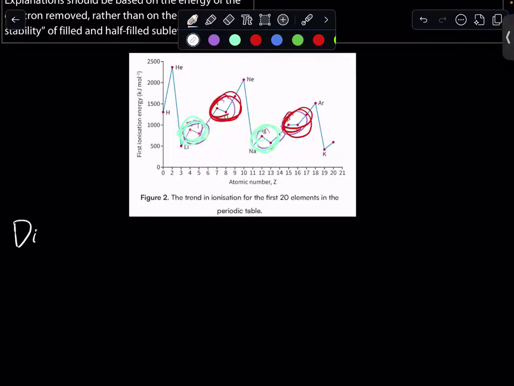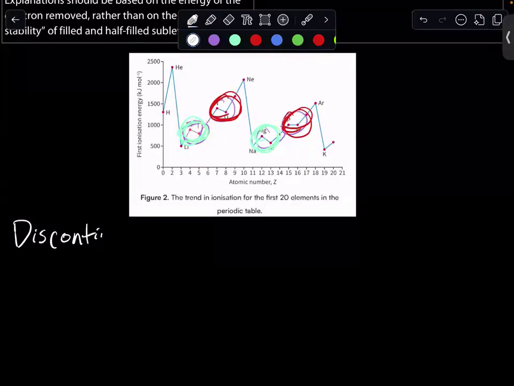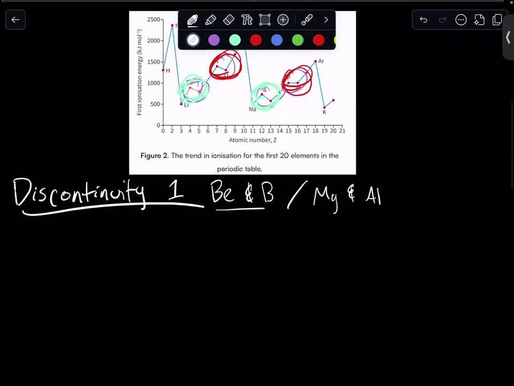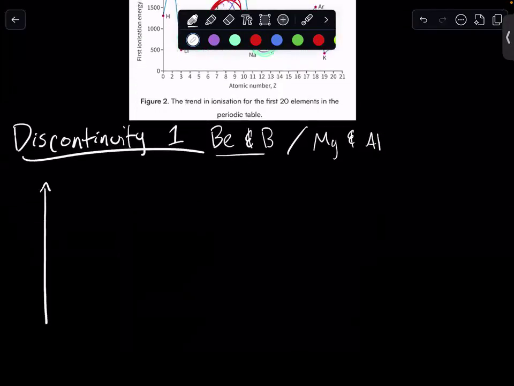So let's talk about discontinuity 1. Discontinuity 1 is going to be the one between beryllium and boron, as well as magnesium and aluminum. As we talk about them, we're just going to look specifically at beryllium and boron, but it works the same both ways.